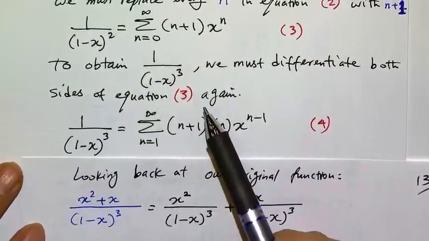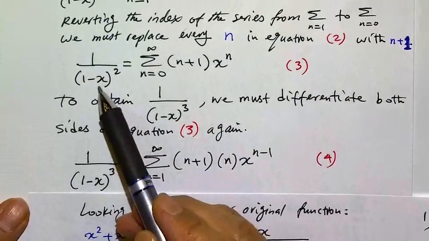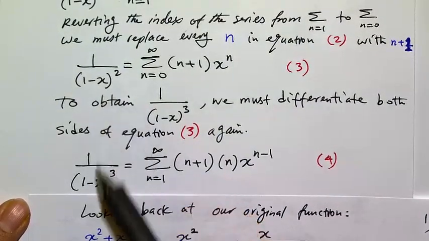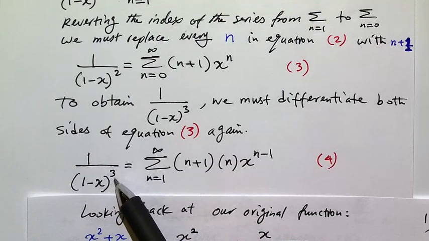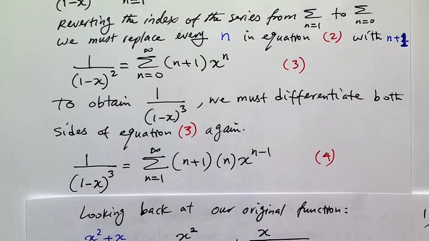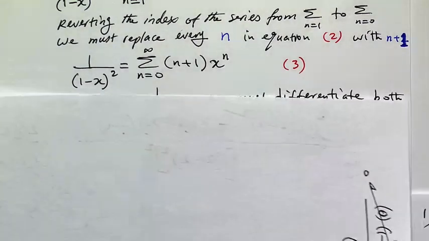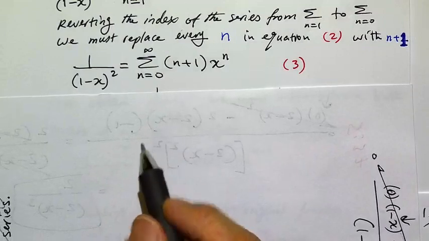So when I took the derivative of this, I ended up with 1 over 1 minus x cubed, and that's not correct. Let me show you why. So if I made an error there, I want to correct it here.